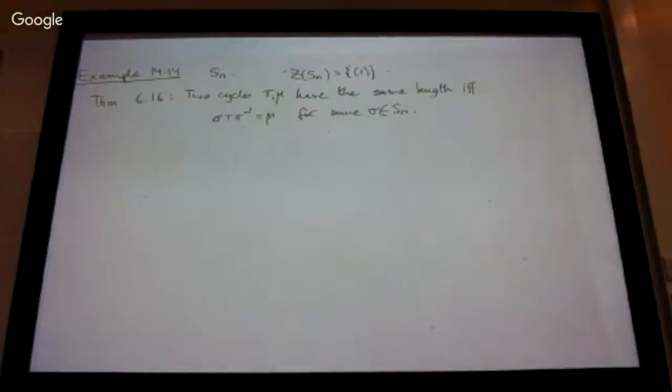Okay, so you know how this works. Now, any permutation you can write as the product of disjoint cycles.